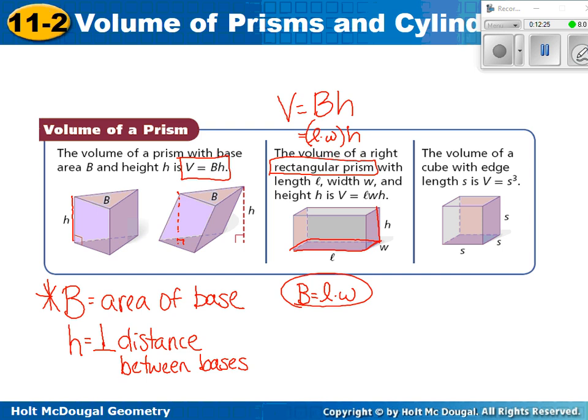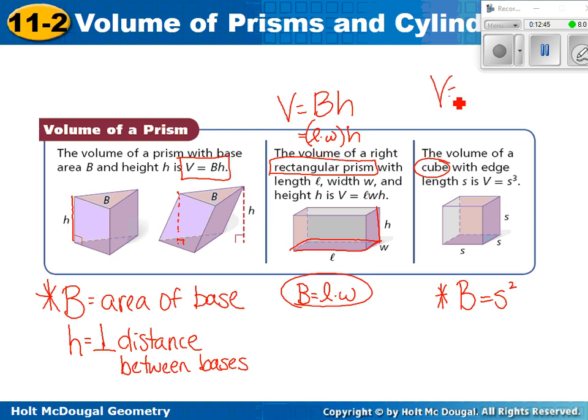The only one I'm going to make you memorize separate is the cube. So the cube or the hexahedron. What is the shape of the base of a cube? Square. What's the area formula for a square? Side squared. So here's the deal. Capital B equals S squared. Corbin, you with me?